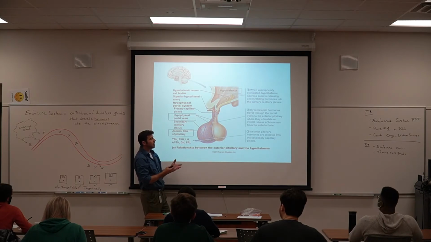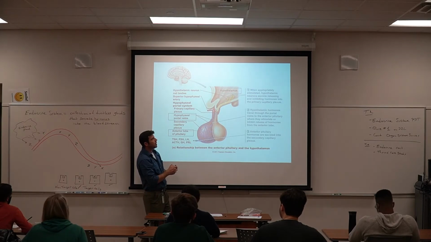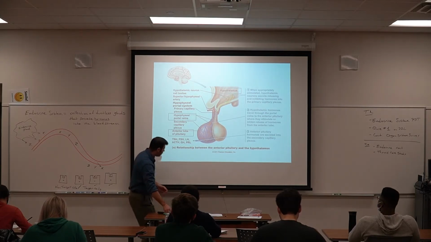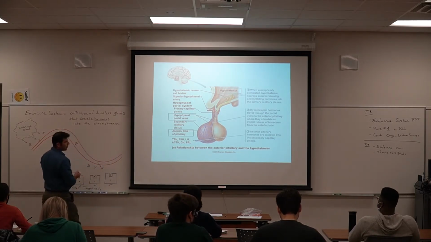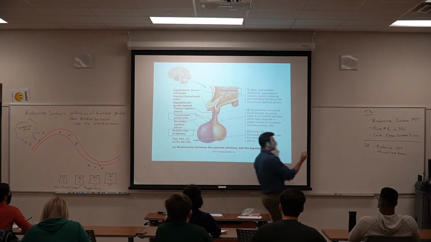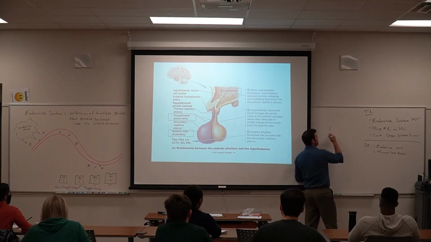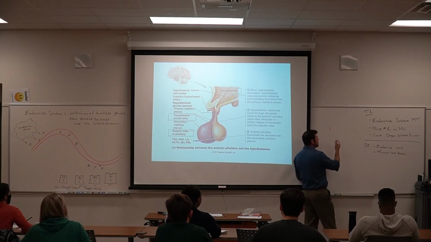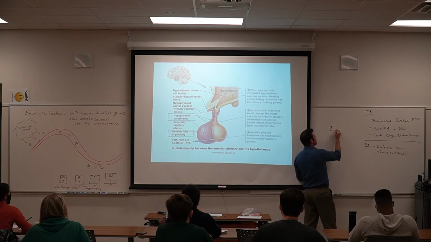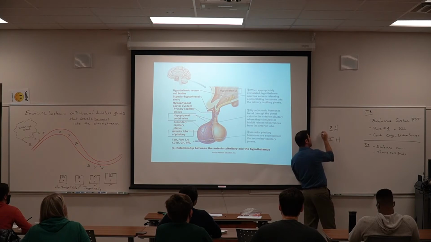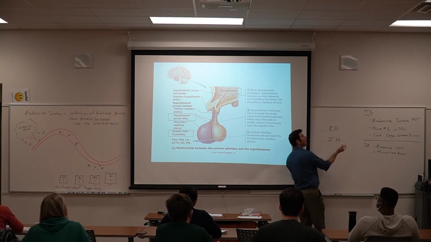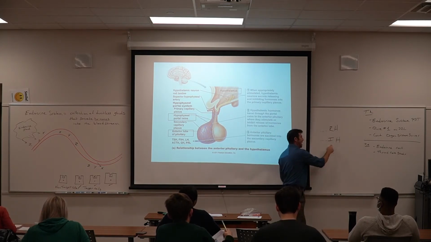This is where I wish I had a drawing on the board, but I'm not able to write something on the screen. But we can say that this collection of nuclei are going to be releasing what are called, maybe I'll just put this over here. They're sometimes written as a certain abbreviation followed by either RH or IH.